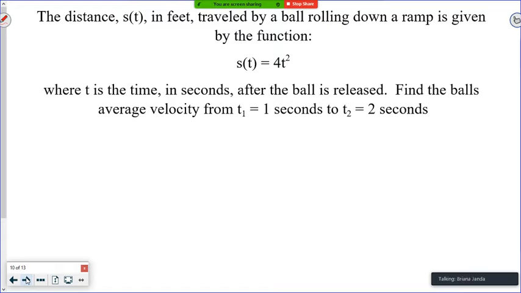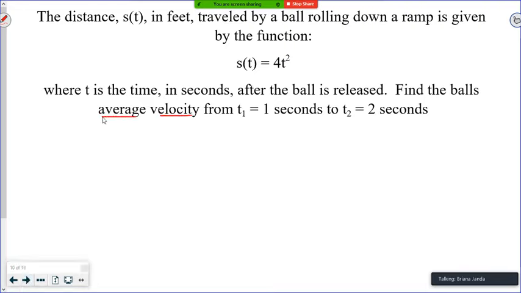All right, I did tell you that they would say it in a different way, and this one is an example of that. It says the distance s of t in feet traveled by a ball rolling down a ramp is given by the function s of t equals 4t squared, where t is the time in seconds after the ball is released. Find the ball's average velocity.